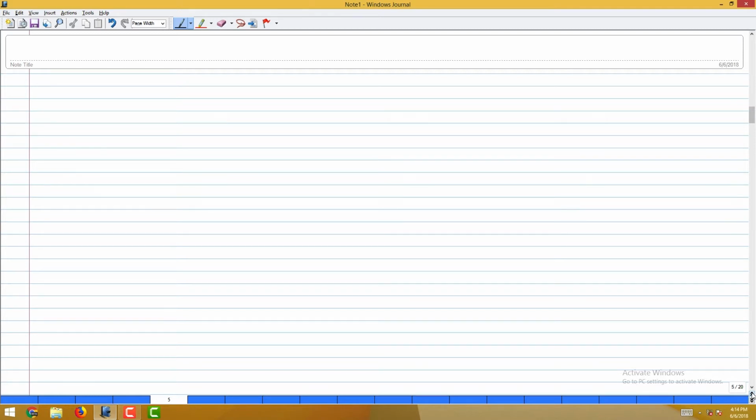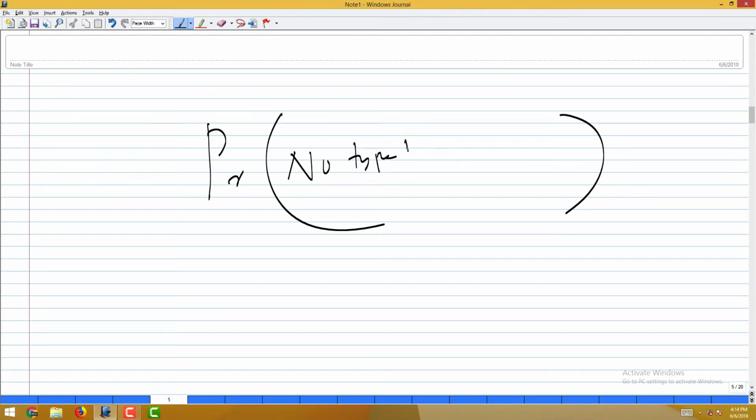Then what we are interested in is the probability of the event that both types of failure do not happen. Suppose the probability of no type 1 failure and no type 2 failure is greater than 0.